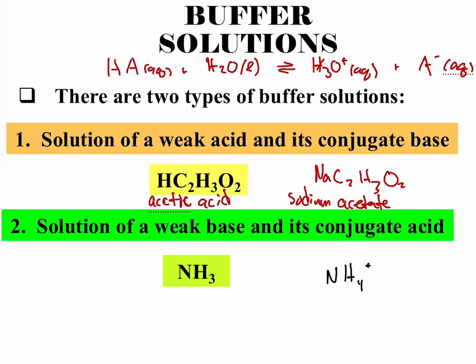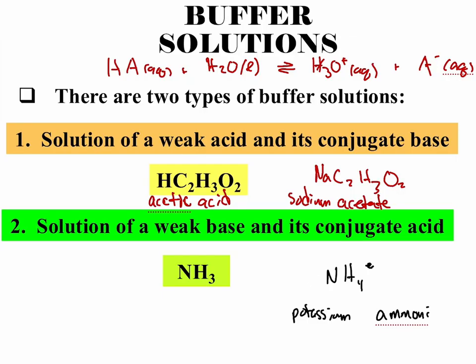That's our ammonium ion, and generally when you add that to solution, you're not going to add a positively charged liquid, so you add a counter ion. Oops, sorry, it should be ammonium chloride.